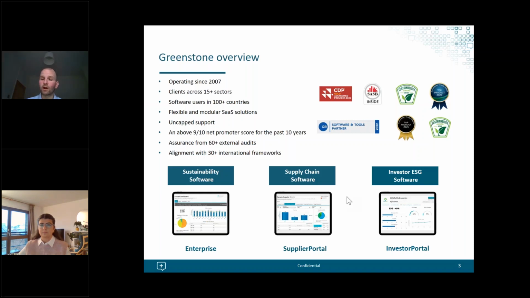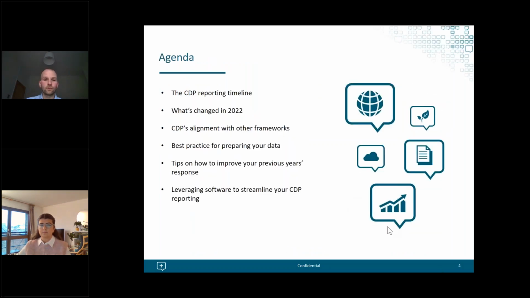So that could be primary data from suppliers for scope 3 reporting, but could also be wider areas, so labour standards, anti-bribery, corruption, etc. Our other final area is the investor ESG platform, Investor Portal, and that enables the investor community to really track and manage ESG data across their funds and portfolio companies. So at a high level, that is Greenstone and what we do.